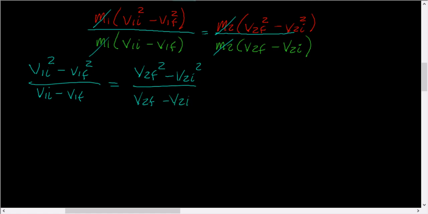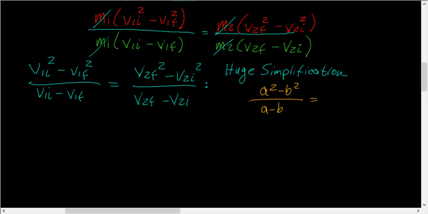Now some huge simplification happens here. So if you recognize that you have a term like a squared minus b squared divided by a minus b, remember that you can factor a squared minus b squared into the product of a plus b and a minus b, and the denominator is still a minus b. So these two go away, and we're just simply left with an a plus b term remaining.